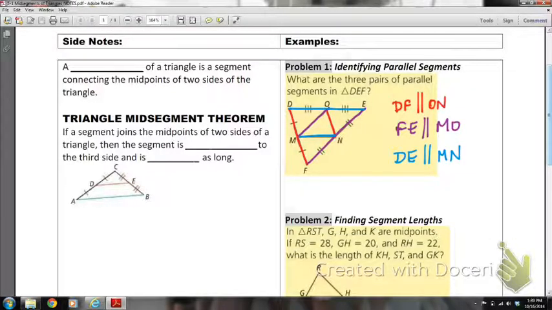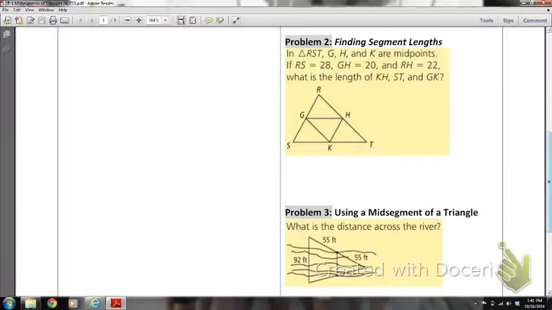So let's go into problem 2 and look at finding segment lengths. In problem 2, we have triangle RST, and in this triangle it tells us that points G, H, and K are midpoints.